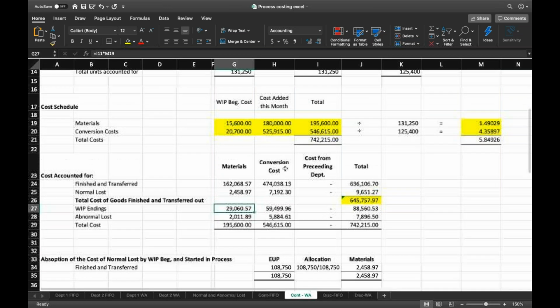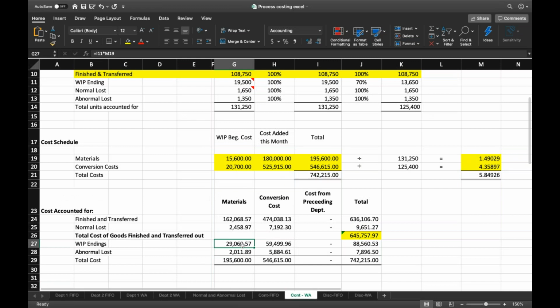So I guess you already know how to compute for the cost of work in process end. That is 19.5 times 1.49 equals 29. Yung 59 naman, 13,650 times 4.35 equals 59. Okay?